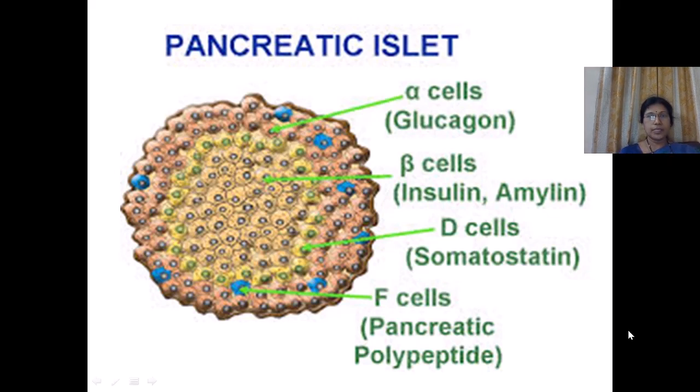Insulin is a protein hormone secreted by beta cells. It decreases the blood glucose levels. Hence, it is called a hypoglycemic factor. Insulin secretion is regulated by blood glucose levels. Elevated blood glucose levels stimulate the beta cells for insulin secretion, and decreased blood glucose levels inhibit insulin secretion.